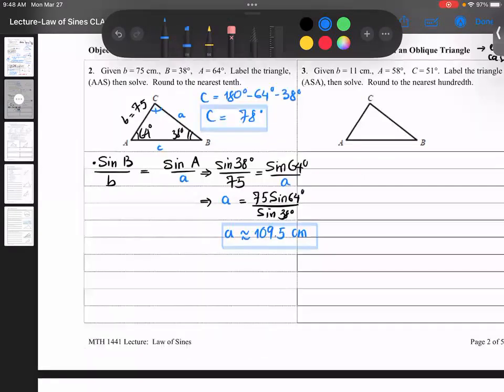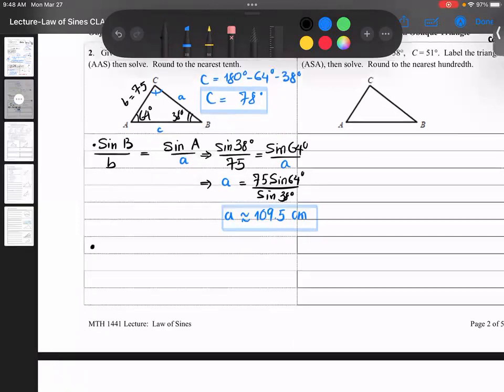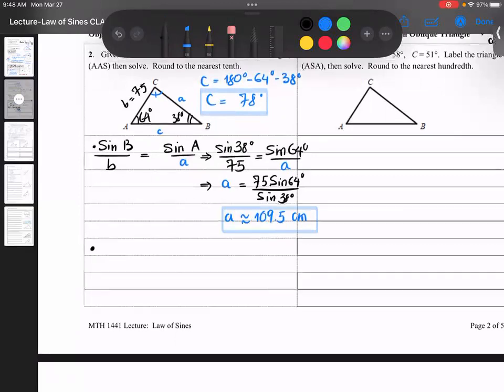And as for finding c, doesn't matter which one you use. You can use sine A over a, but I'm going to use sine B over b. There's less error that way because a is an approximation, right? Try to avoid using it. Equals sine big C over little c.